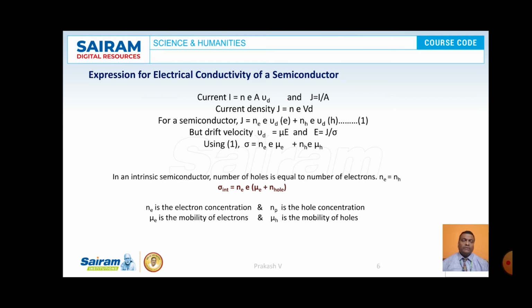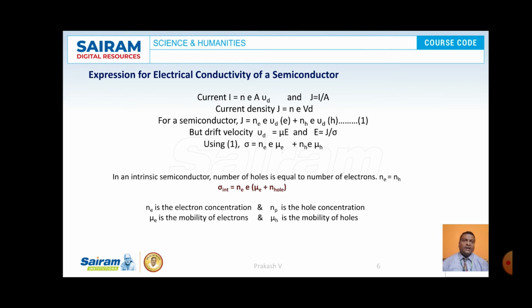Now, to arrive at an expression for electrical conductivity in a semiconductor: if it is intrinsic, meaning not doped with any material, the number of electrons will be equal to the number of holes.